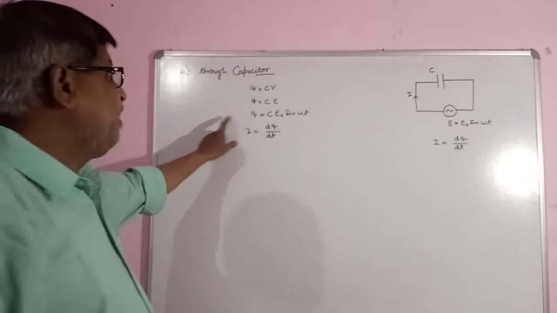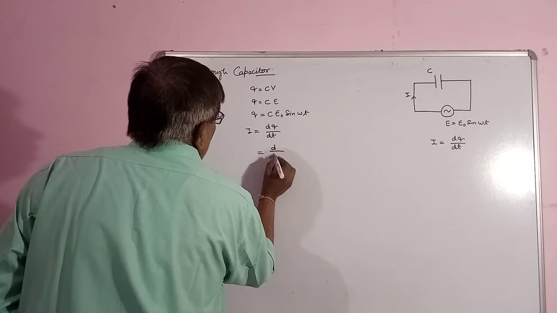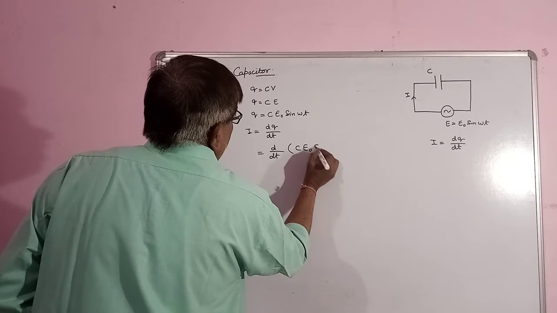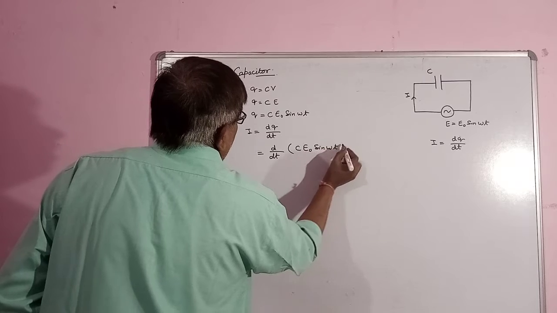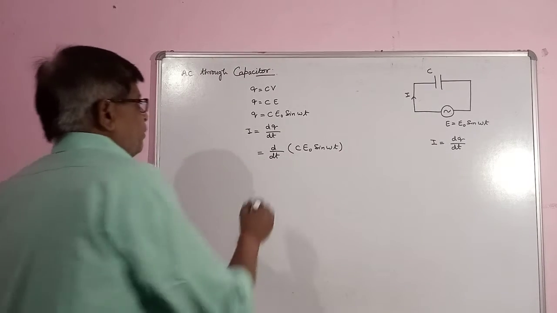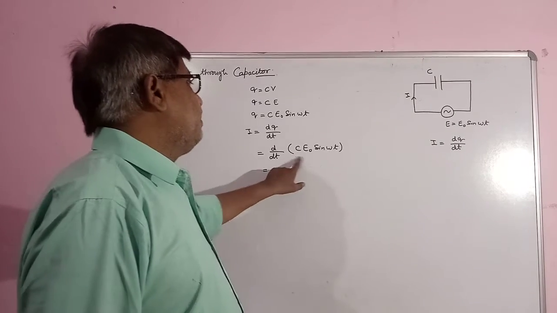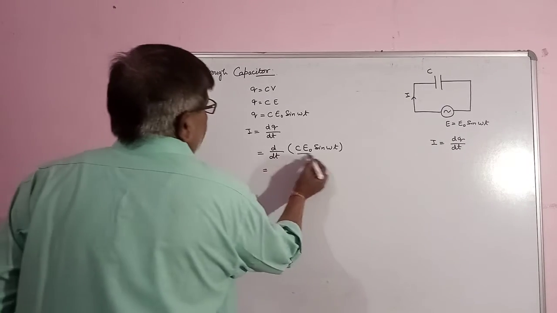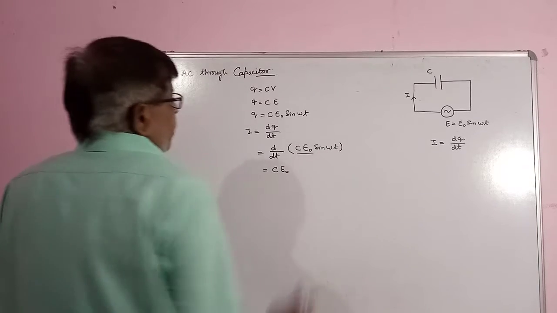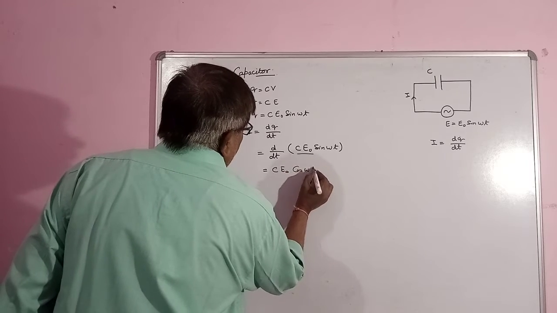So we can write I equal to d over dt of C E naught sin omega t. When we differentiate this equation, C and E naught are constant terms, and the differentiation of sin omega t is omega cos omega t.